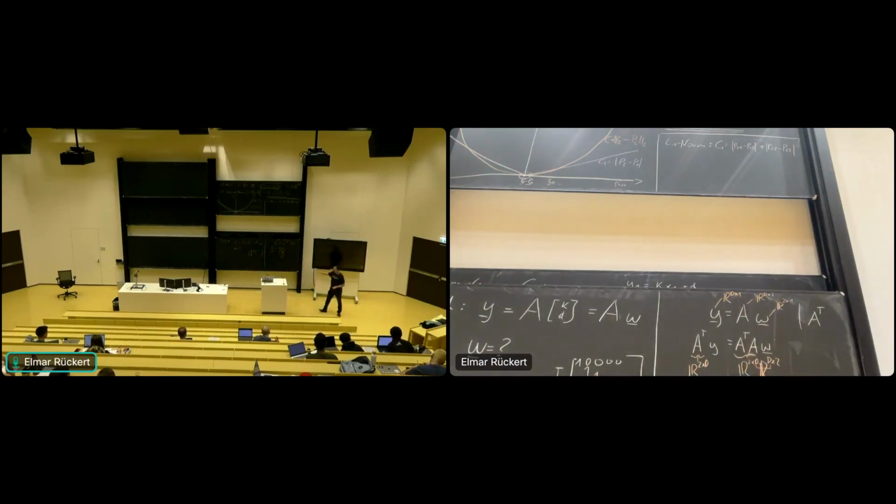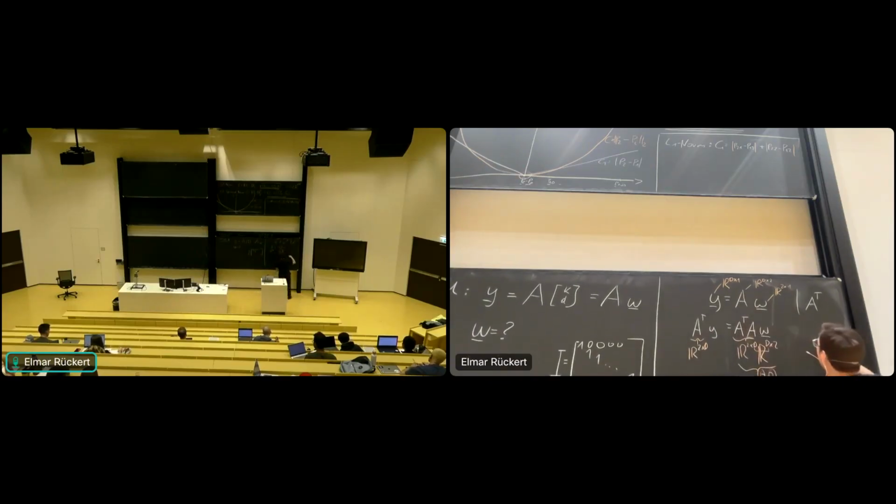So what kind of matrix is A transpose times A? So the thing is, the number of rows and the number of columns are equal. So it's a squared matrix. What is the nice thing about squared matrices? No? What is the nice thing about a squared matrix? They are invertible.